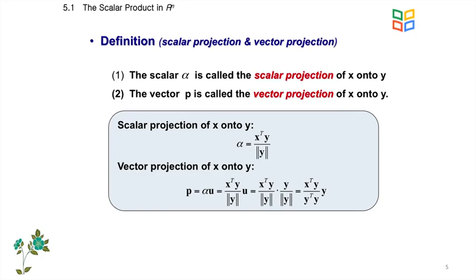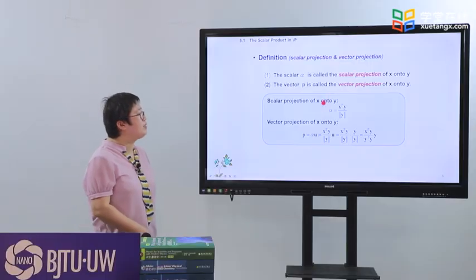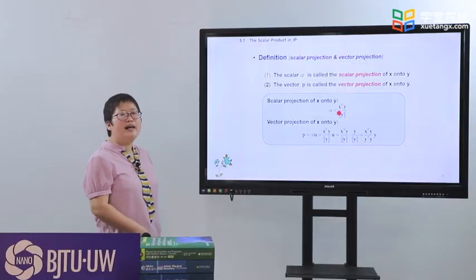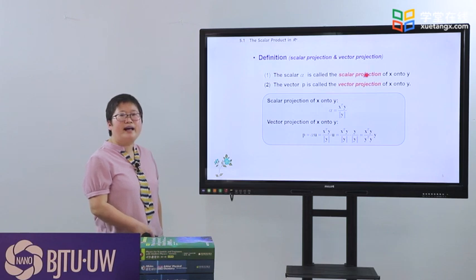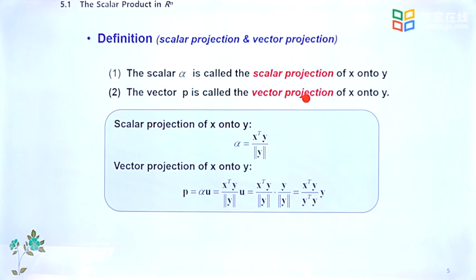The scalar projection of x onto y is alpha defined by x transpose y divided by the length of y. The vector projection p equals alpha times u, which equals x transpose y divided by length of y times u, where u is in the direction of y and is computed by y divided by length of y.